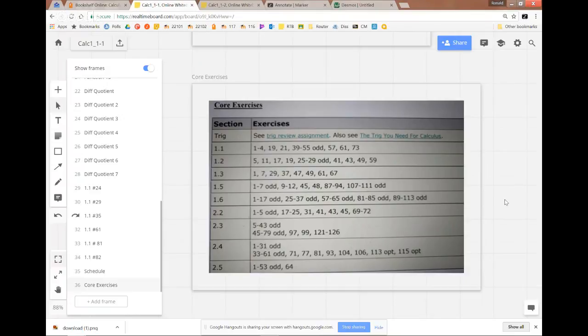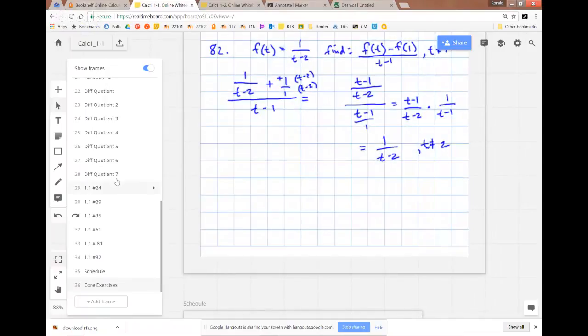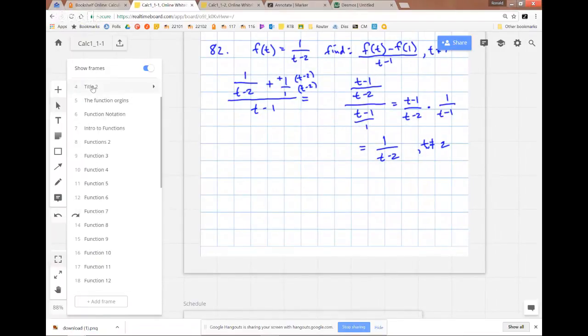Maybe back on the 1-1 assignment, if you would be willing to go through number 57, I'm sure it's something simple, but I've come up with the same answer every time that's wrong. So okay, 57. Yep. Let me go up to the top here.